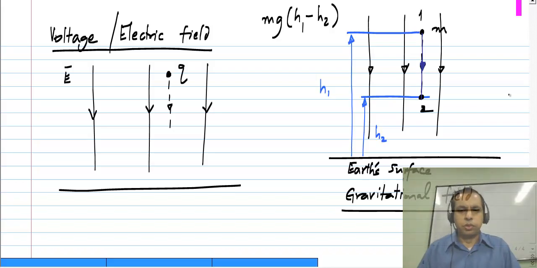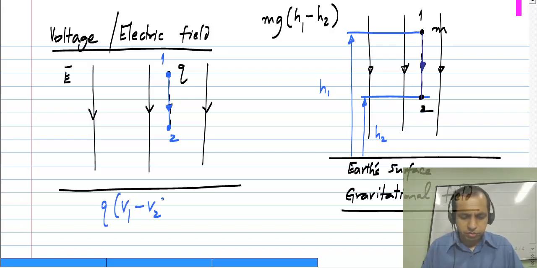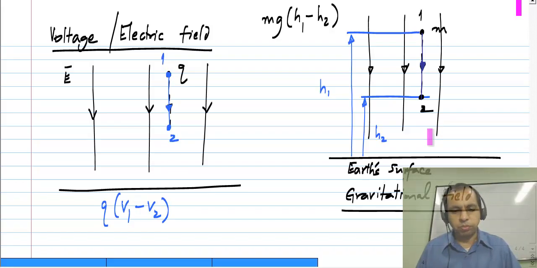Then we also know that the voltage is related to the integral of the electric field. Okay. Such that when the charge moves from point 1 to point 2, okay, it gains an energy which is equal to q times (V1 minus V2), where V1 is the potential at point 1 and V2 is the potential at point 2.